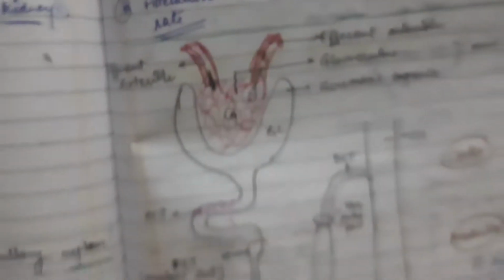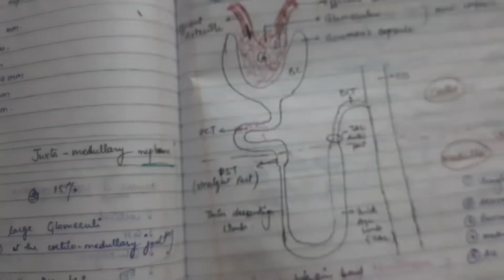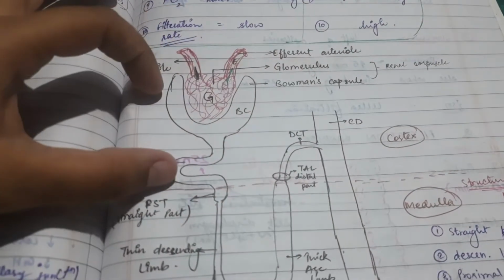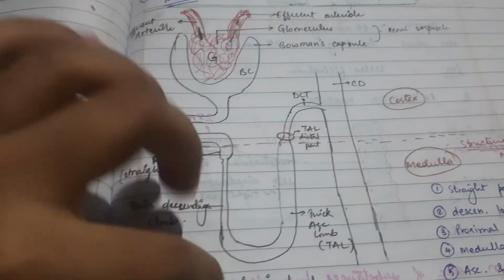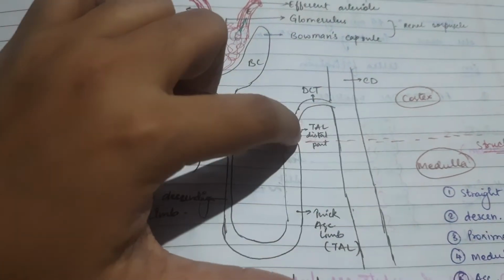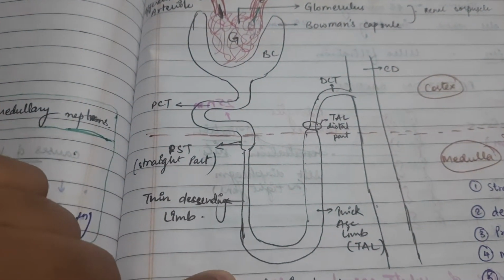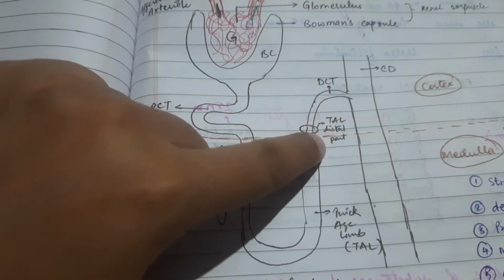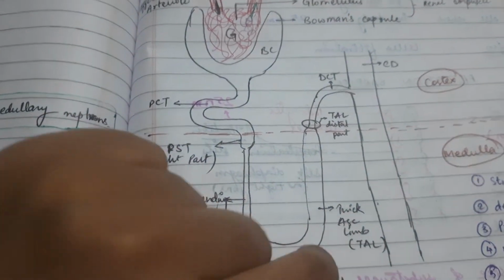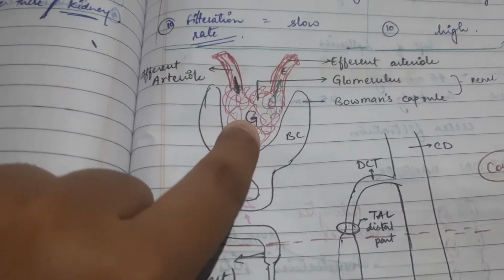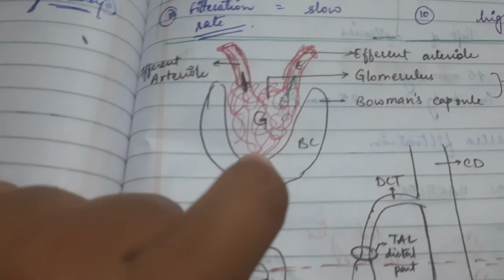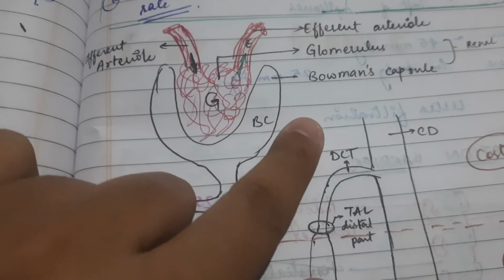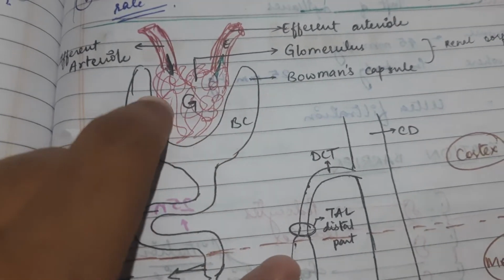Okay, now the structure of nephron. This is the part which is present in the cortex, and this is the part which is present in the medulla. This is the loop of Henle. This is PCT, this is DCT, this is the thin descending loop, this is the cortical nephron, this is the thick ascending loop, this is the distal part, this is the proximal part, this is glomeruli, the network of blood capillaries, efferent arteriole, and this is the Bowman's capsule, which has podocytes and all.